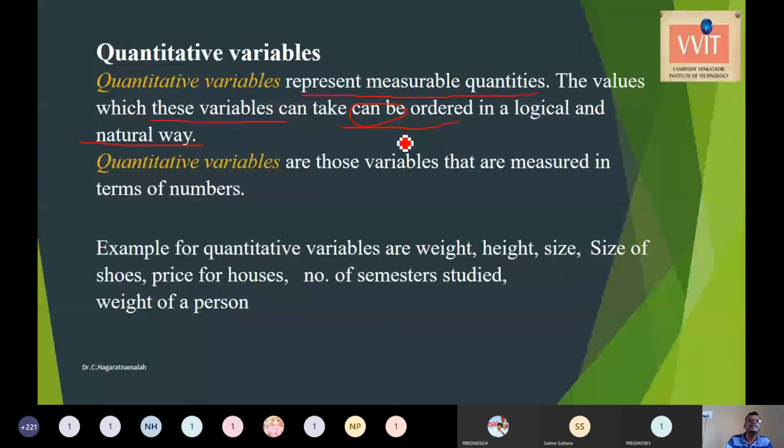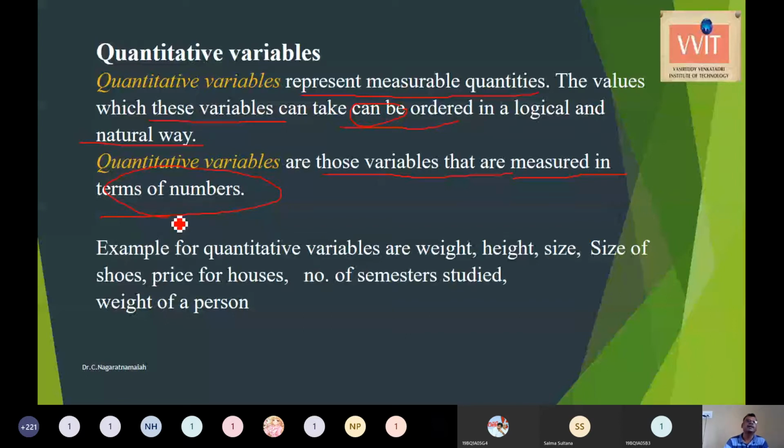Is it right? That means quantitative variables are those variables that are measured in terms of numbers. That is very, very important. Quantitative variables are always measured in terms of numbers.